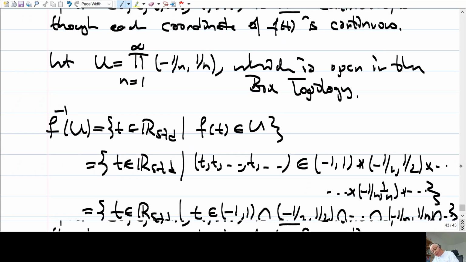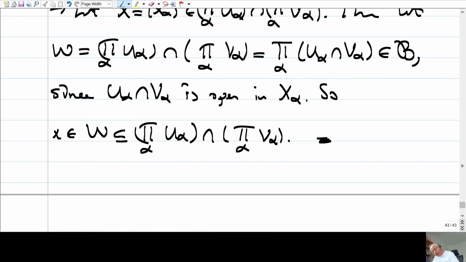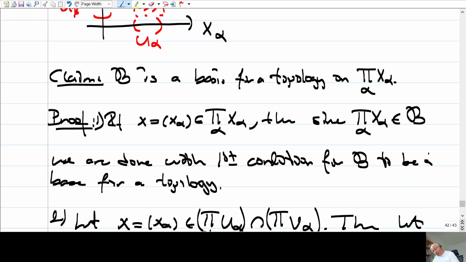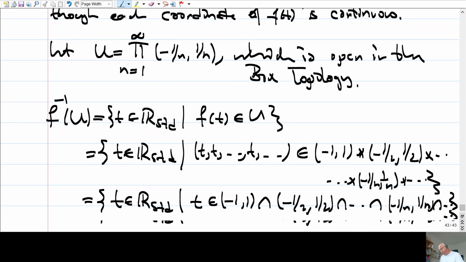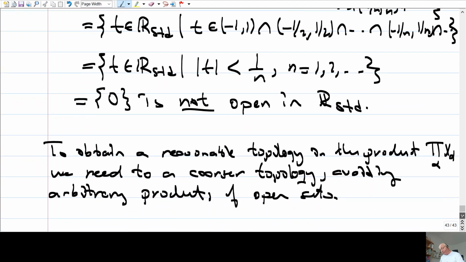Like this one, right? Here in the box topology, we take arbitrary products like this, and they cause a problem. So instead, we do the following.